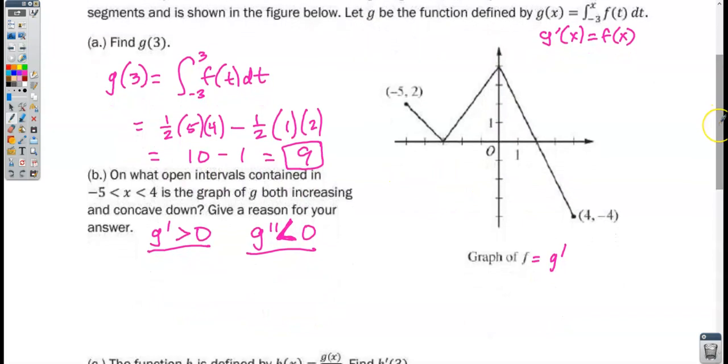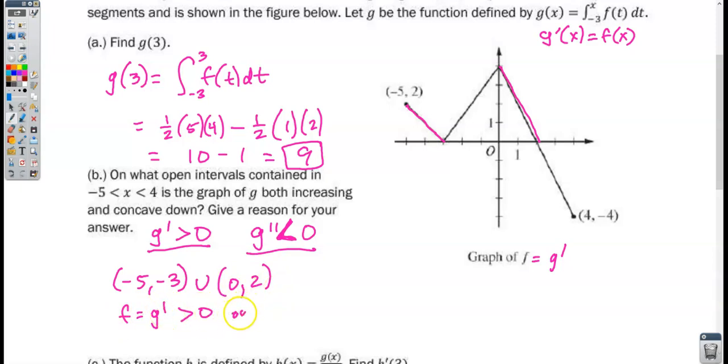And so we've got our intervals. We've got from -5 to -3 right here, and we've got from 0 to 2. Okay, f equals g prime is greater than 0 on these intervals, so g is increasing.